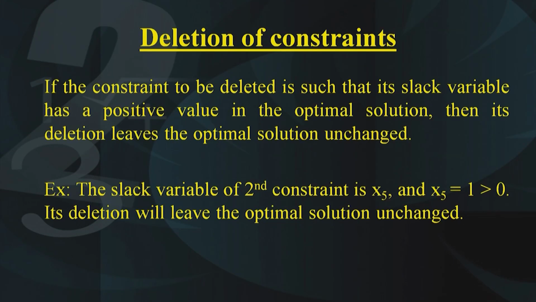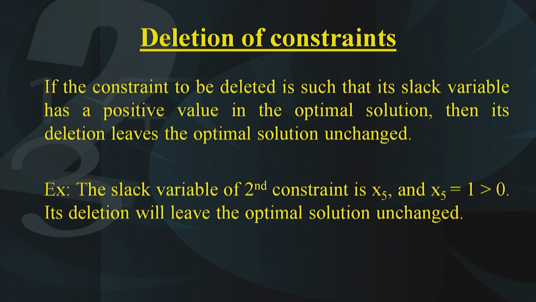Next comes the deletion of the constraint. Now, if the constraint to be deleted is such that its slack variable has a positive value in the optimum solution, then the deletion leaves the optimum solution unchanged. For example, the slack variable of the second constraint is x5 and x5 is equal to 1, which is greater than 0.